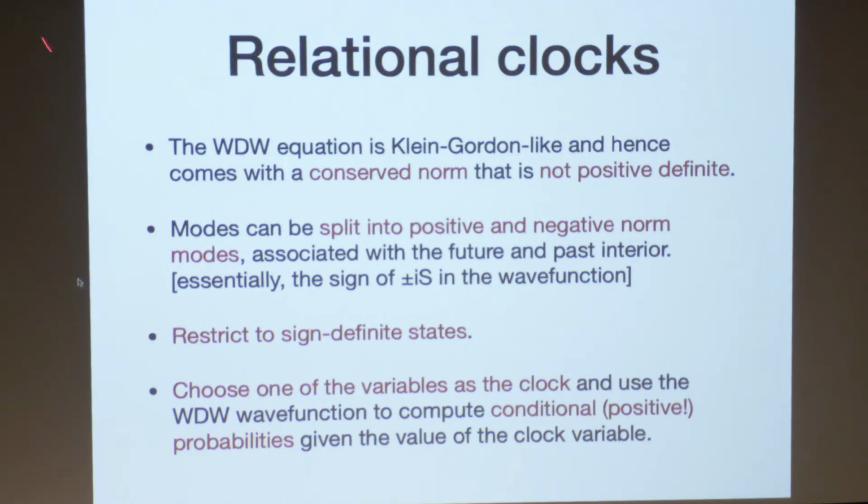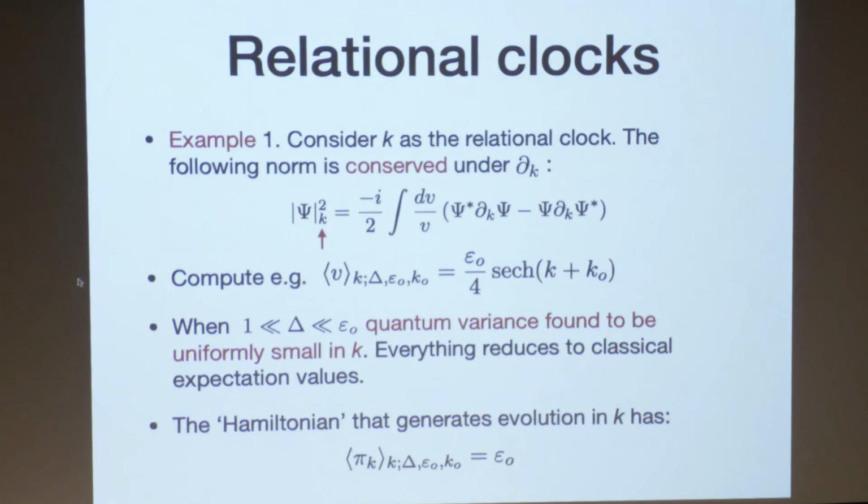And for the Wheeler-DeWitt equation, for any choice of variable, you can integrate across a corresponding slice in superspace, and the norm will be conserved. So let me give you an example. Suppose you know K, the anisotropy. We're going to think of that as the relational clock. So given that I know K, I want to ask, what's the volume of the universe interior?